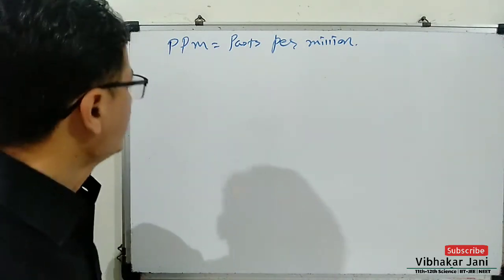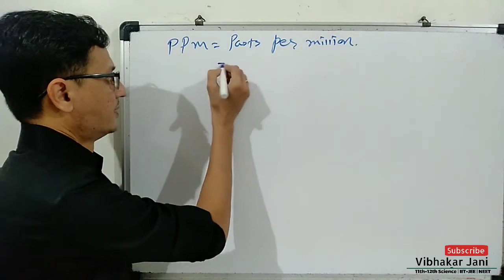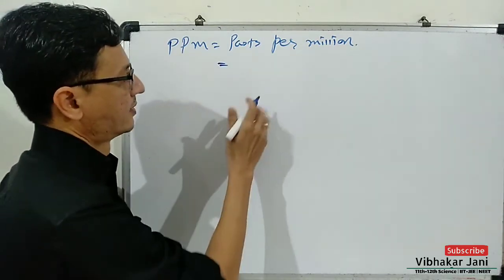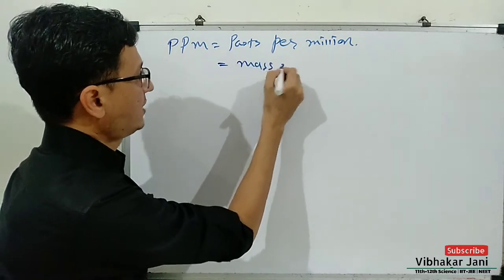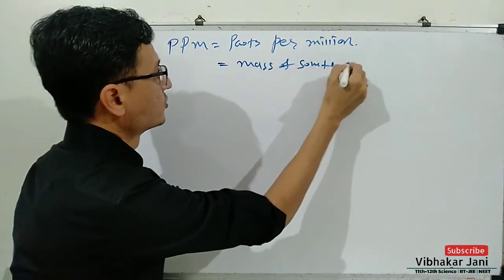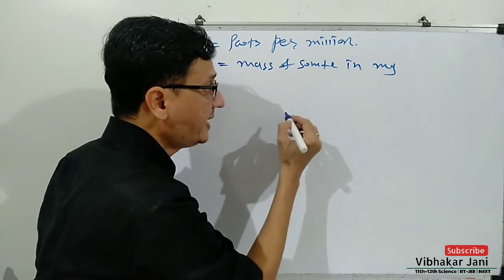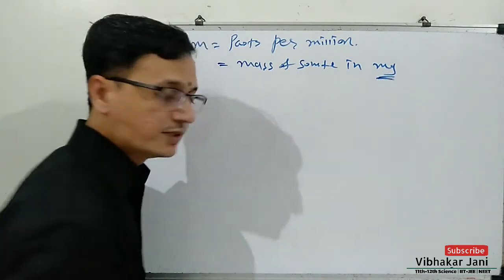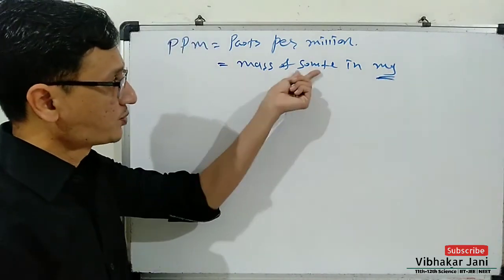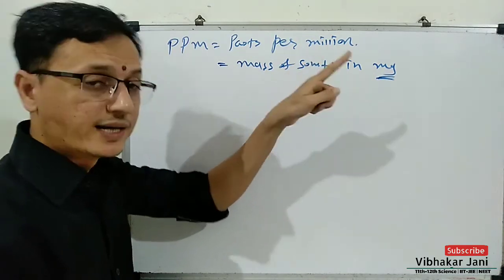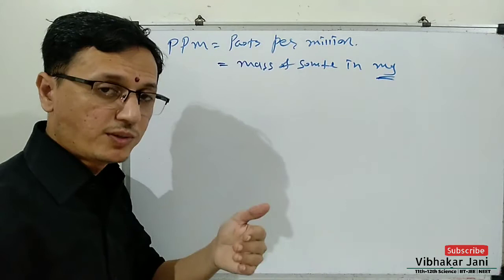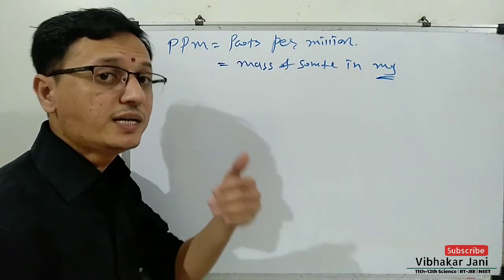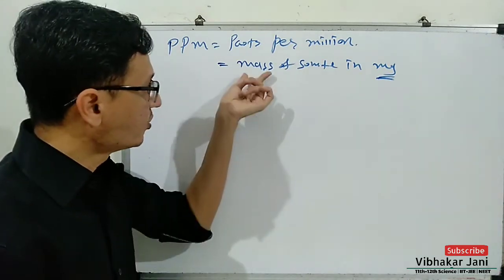Now let us define the word ppm. Mass of solute in milligram. Here the word milligram is most important. In the previous definitions of molarity, molality and normality, there were moles or equivalent mass, but here only mass.